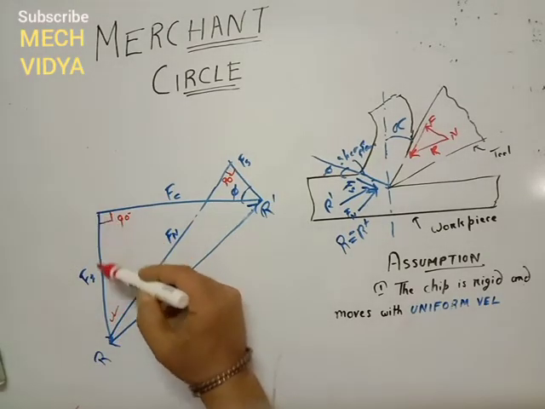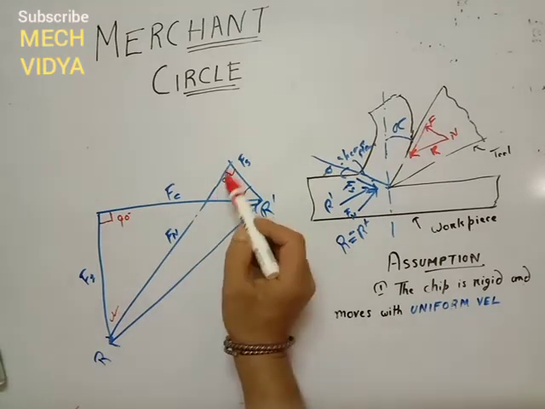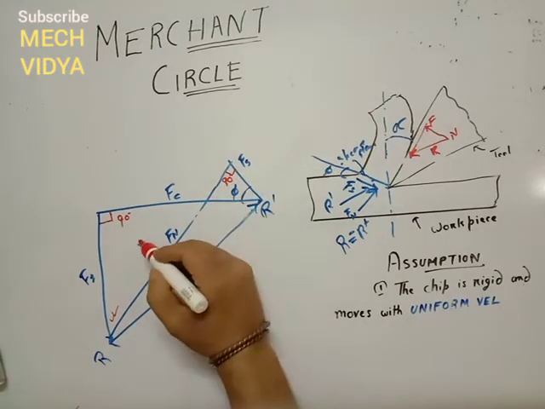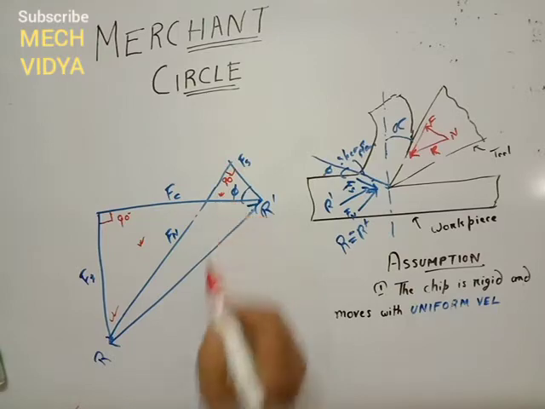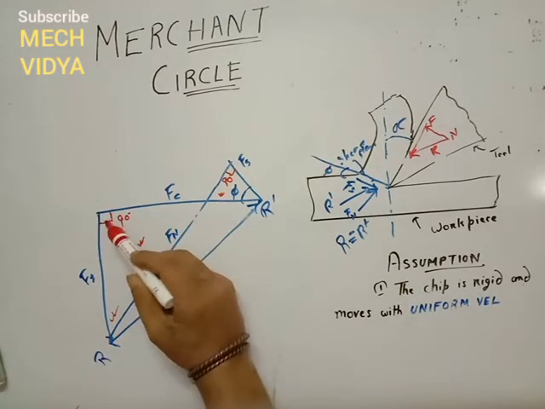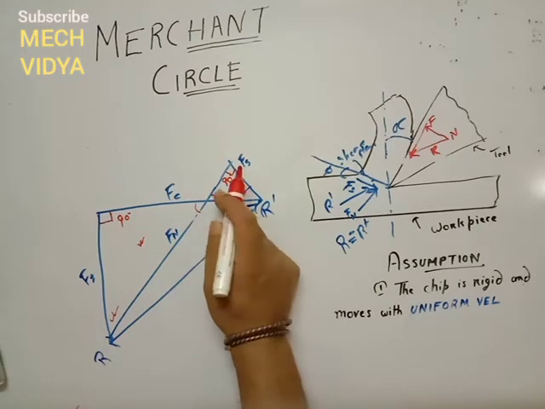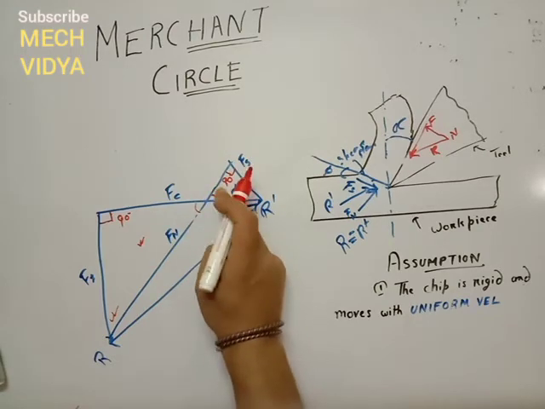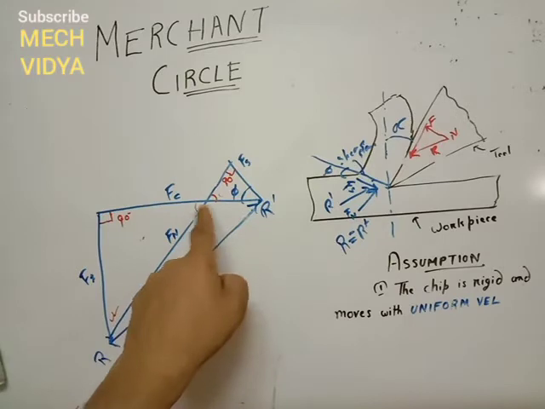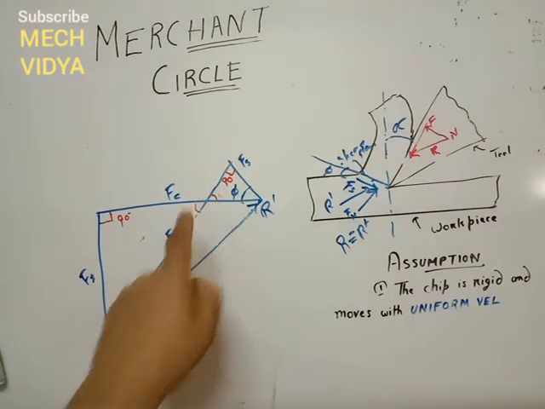If we compare this triangle and this triangle, see this angle is same, 90-90. These two angles will also be same because they are vertically opposite angles, right? Due to the vertically opposite angles, basic geometry, these two angles will be same.